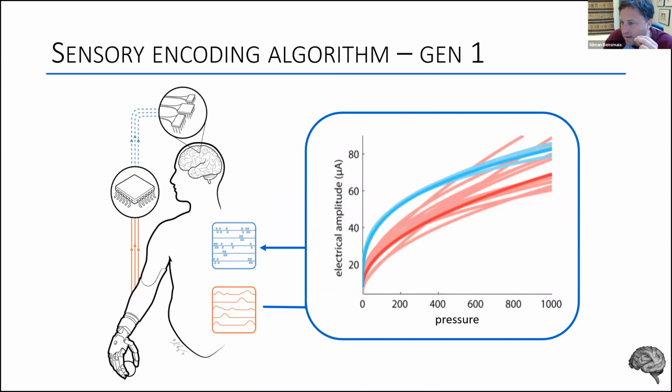So we did a long series of experiments to understand how much we need to electrically stimulate the brain to create an appropriate level of pressure. I'm not going to bore you with this interminable series of experiments. I'll just tell you that we came up with a mapping of electrical amplitude onto pressure, which tells you that if you want to create a sensation equivalent to 500 microns of indentation into the skin, I'm just calling it pressure for ease of communication, you need to stimulate the brain at 65 microamps.